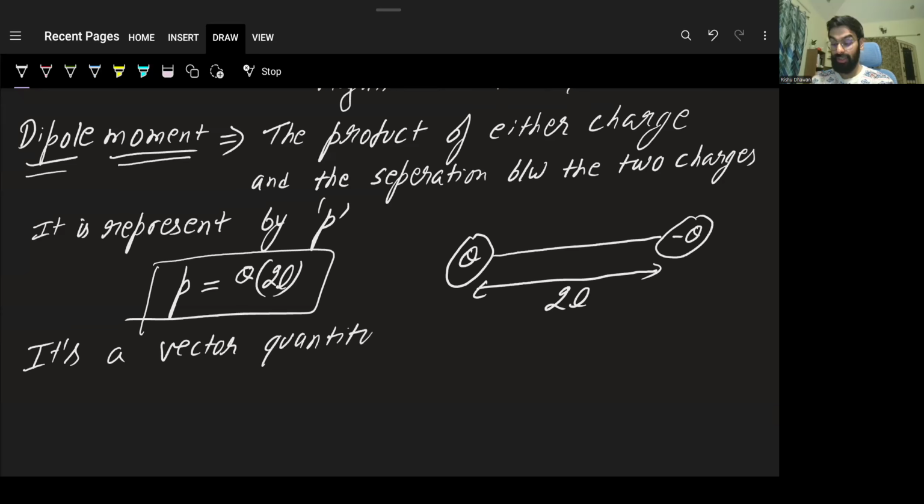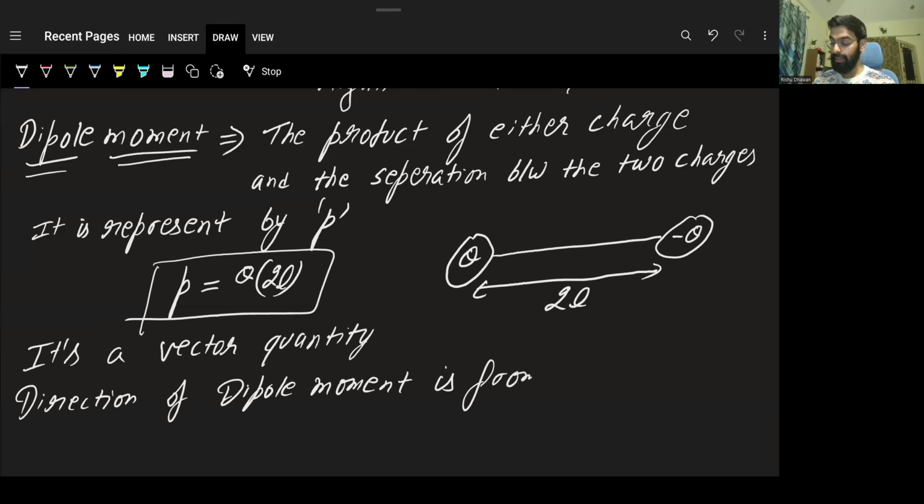If it is a vector quantity, it must have some direction. So the direction of dipole moment is from negative to positive charge.